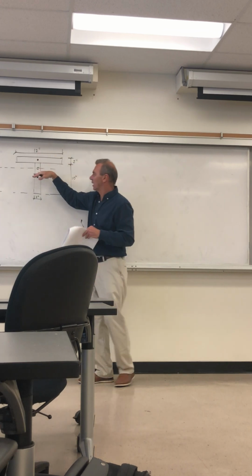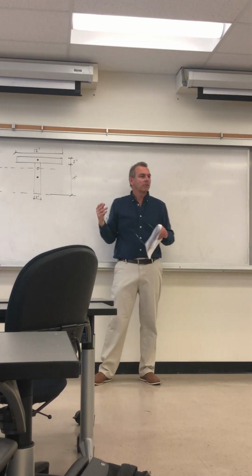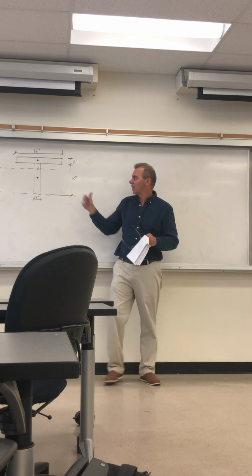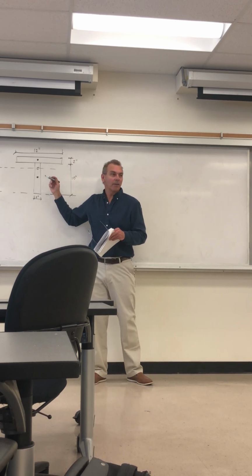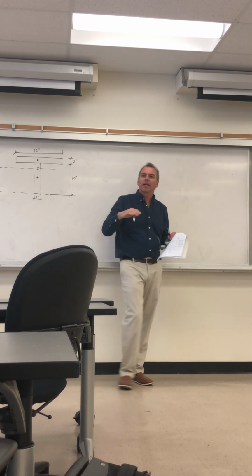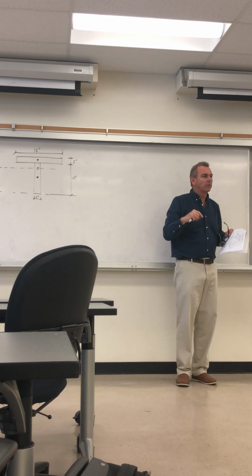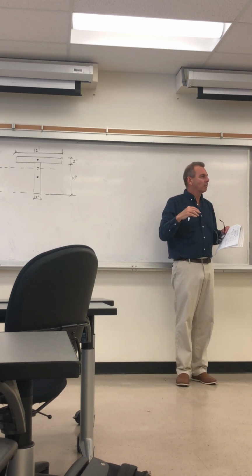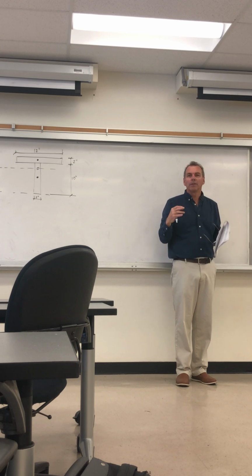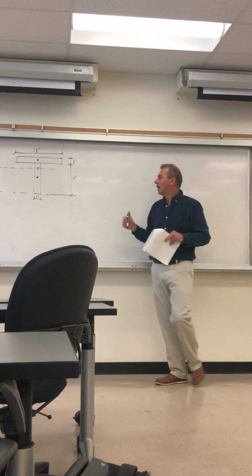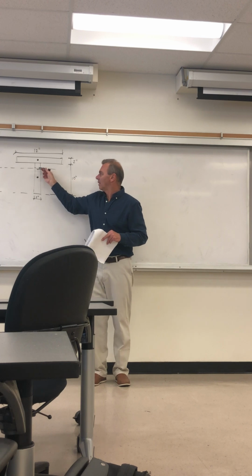But when it's formed together as a beam, let's say it's welded together here or bolted together with little brackets, they're not going to rotate about their own centroid. You're going to rotate both of them about a common centroid. The moment of inertia we're going to find is about this.